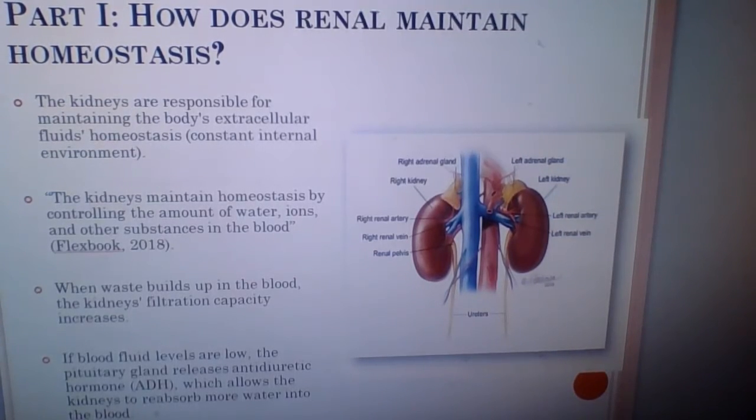Okay, how does the renal system maintain homeostasis? The kidneys are responsible for maintaining the body's extracellular fluid homeostasis, a constant internal environment. Now, the kidneys maintain homeostasis by controlling the amount of water, ions, and other substances in the blood, and this is from the Flex book.